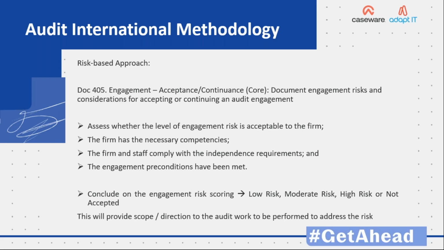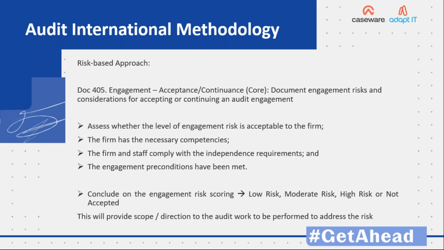Then the manager and partner, once they've got that holistic view, will conclude on the engagement risk scoring. That is, it will give you an idea whether this engagement is a low risk engagement, a moderate risk engagement, a high risk, or not accepted.